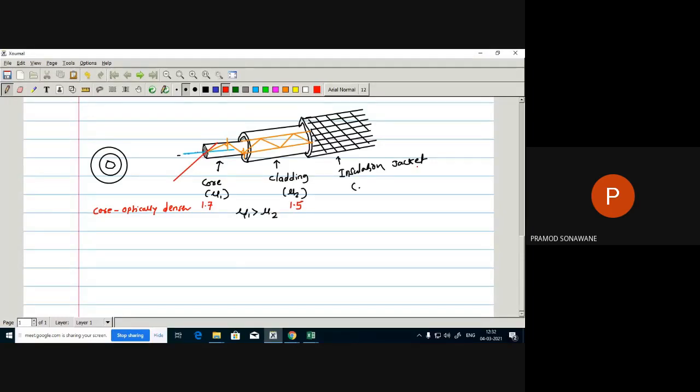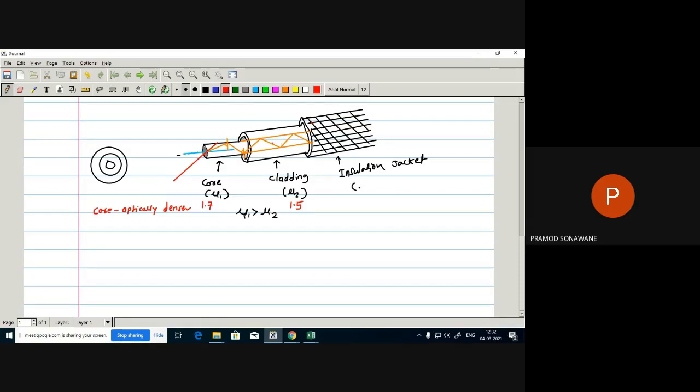It is just protection from environmental conditions like moisture. Lightning has no effect on it, but moisture can. If this layer is not there, due to the moisture the refractive index of the cladding may change. So you have to protect it from environmental conditions and damages.